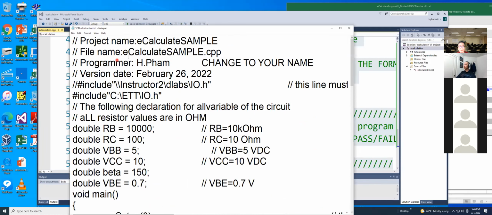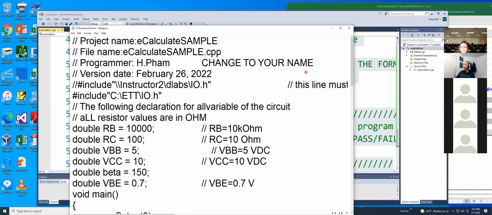Mr. Sam will run your file here. If it passed, he will let you know. If it failed, he will also let you know you have to redo it.